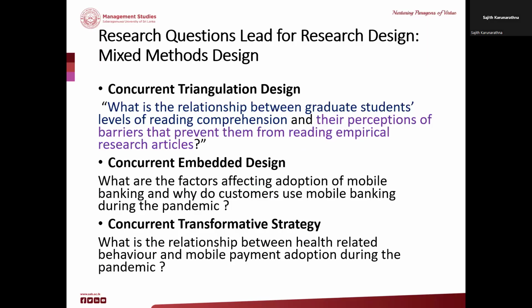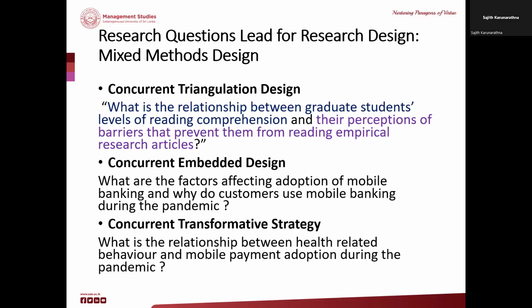You can conduct both qualitative and quantitative parts at the same time. So here, in order to measure the relationship between the level of reading comprehension and their perception of barriers that prevent them from reading empirical research articles, both the phases can be done at the same time.